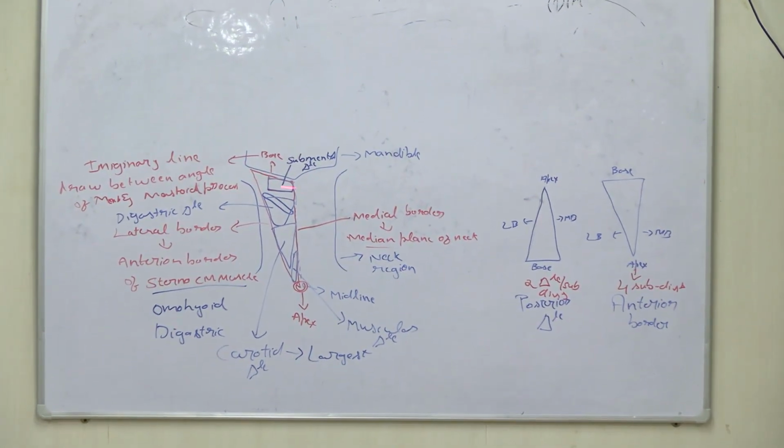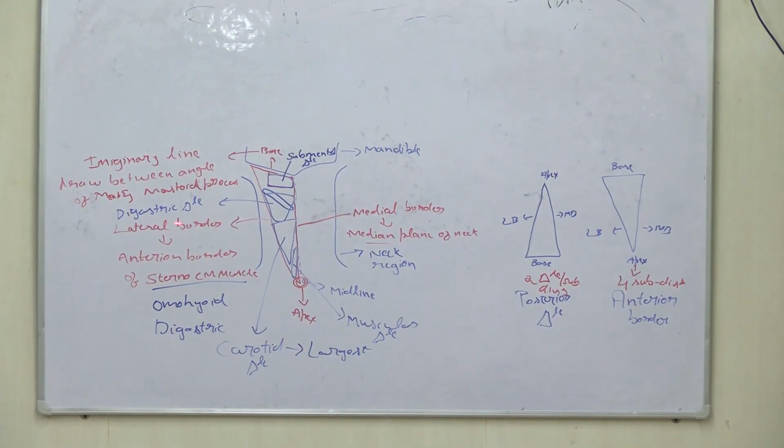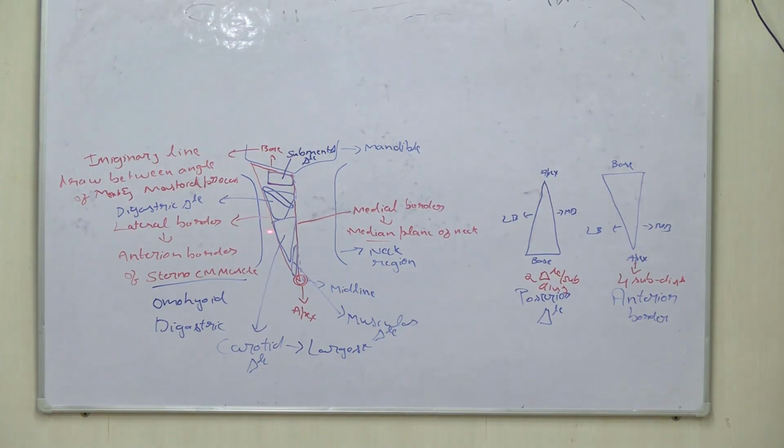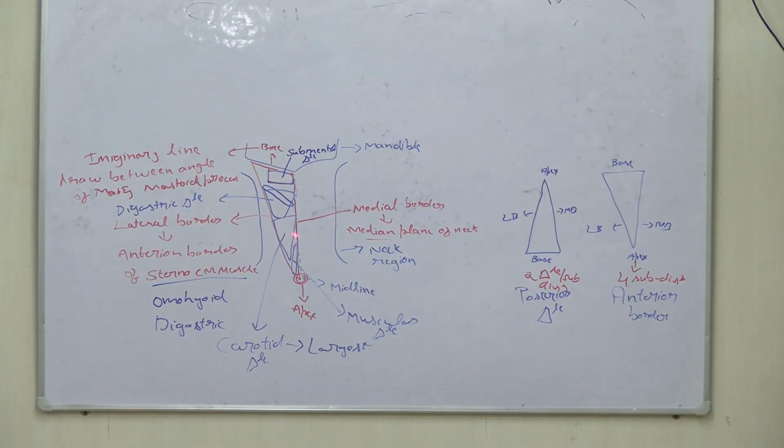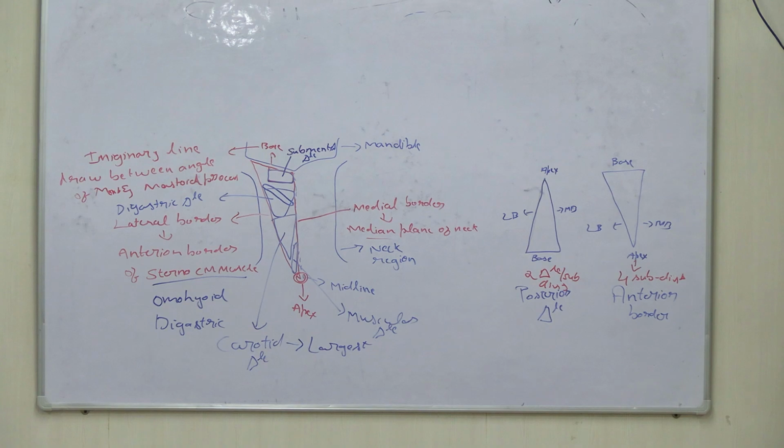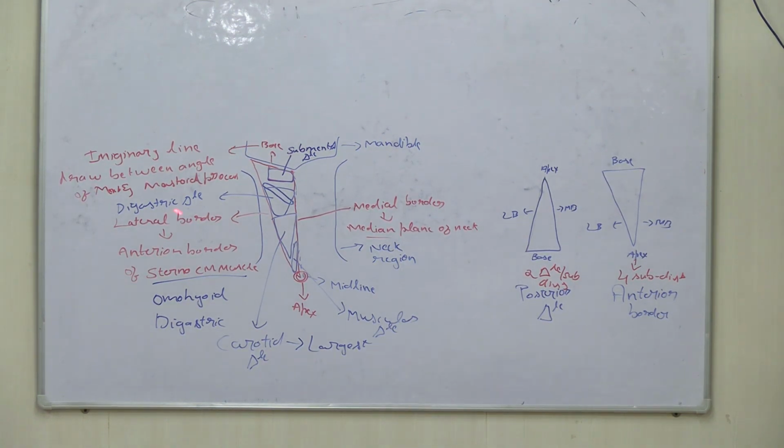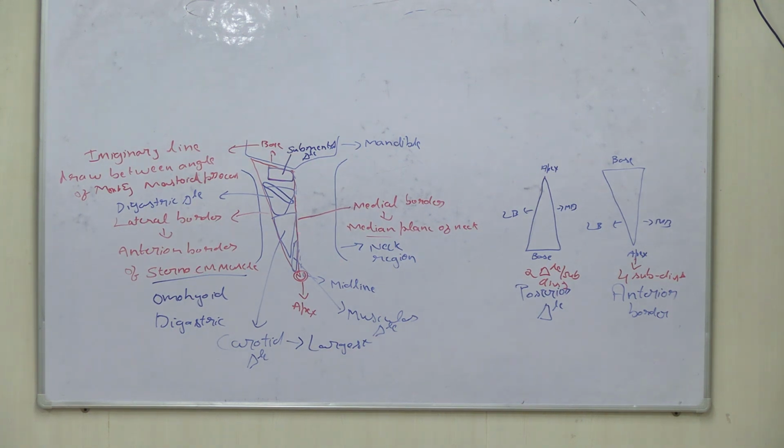Base is the imaginary line that we draw between the angle of the mandible and the mastoid process. Okay, we have 4 subdivisions in the anterior triangle. We have submental triangle, digastric triangle, carotid triangle, and muscular triangle. Among the 4 triangles, carotid triangle is the largest. Okay, any doubts?